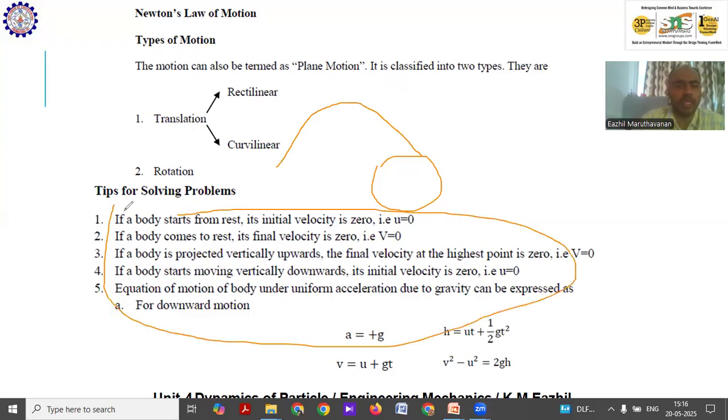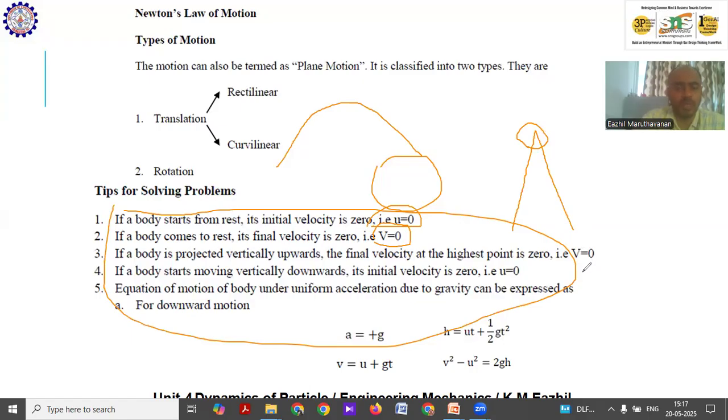As already said, when an object starts from rest, there is no velocity, so the initial velocity u will be considered as 0. If a moving object comes to rest, then the final velocity will be considered as 0. In vertical motion, if an object starts and moves to reach the highest point, and then falls downwards, at the highest point the velocity will be 0.